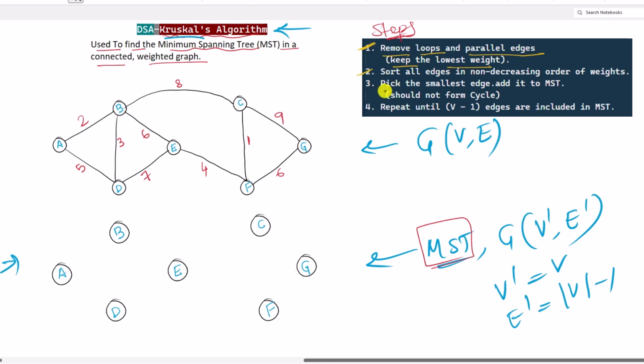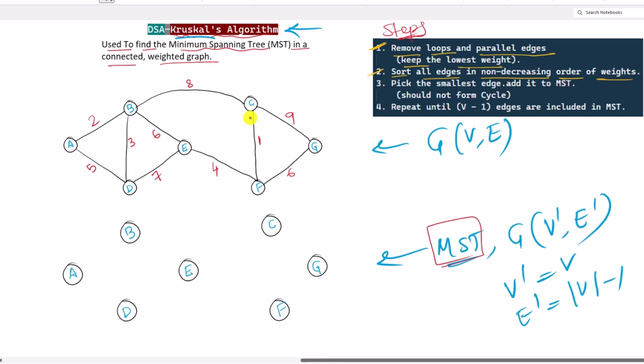Now the second step is to sort all the edges in non-decreasing order of their weights. So we're going to sort the edges of the graph according to their weight. First we have the edge CF with the weight 1. Then we have the edge AB with the weight 2.